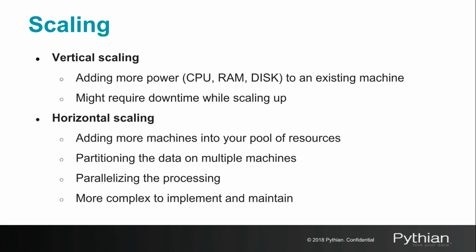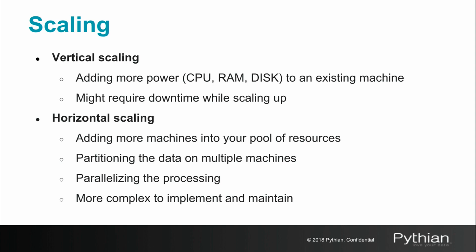There are two options for scaling, and that's not only MongoDB related, but it's for any database. You have the option to scale vertically by adding more RAM or a more powerful CPU, or faster disks to the existing machine. However, this might require downtime while upgrading your hardware.